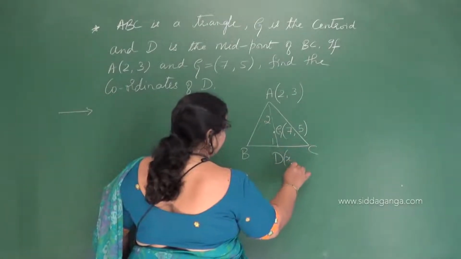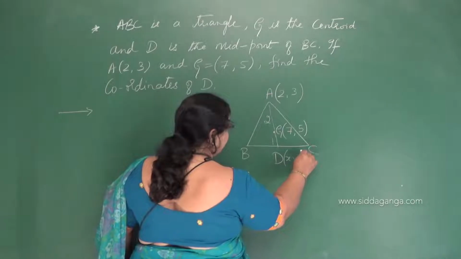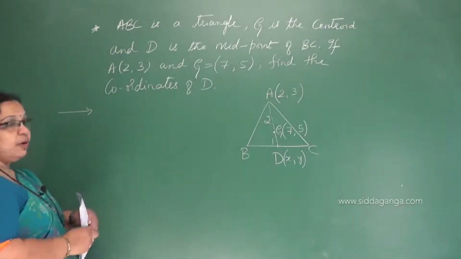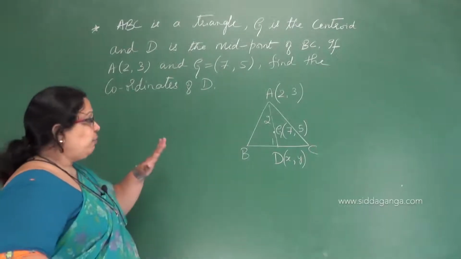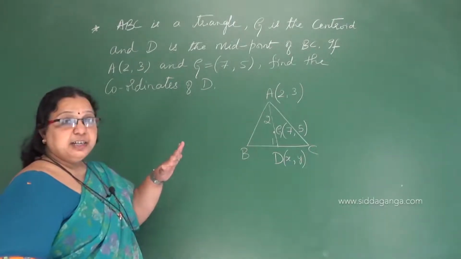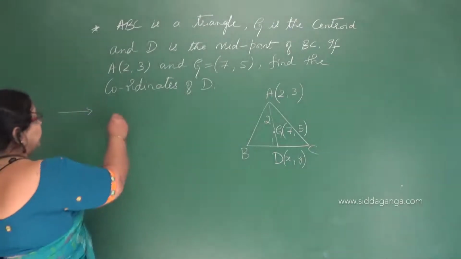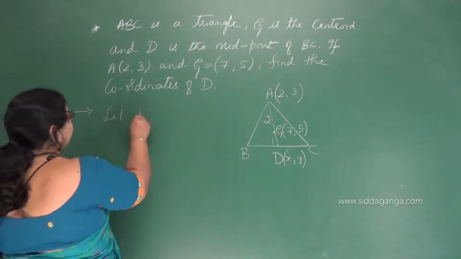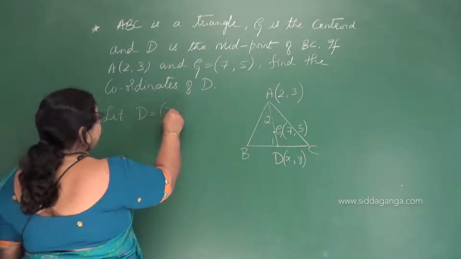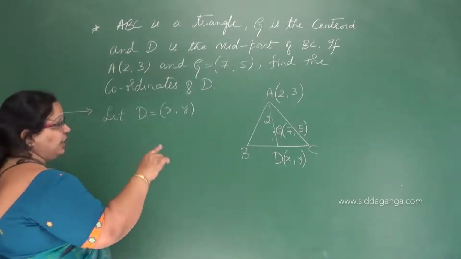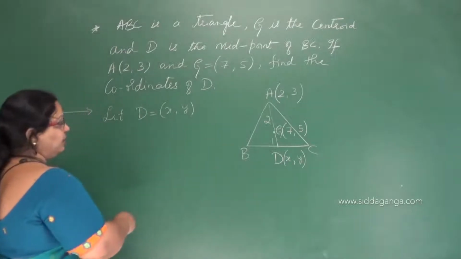Let the coordinates of D be x, y. Here we have to use the internal division formula. So A is given, G is already given.